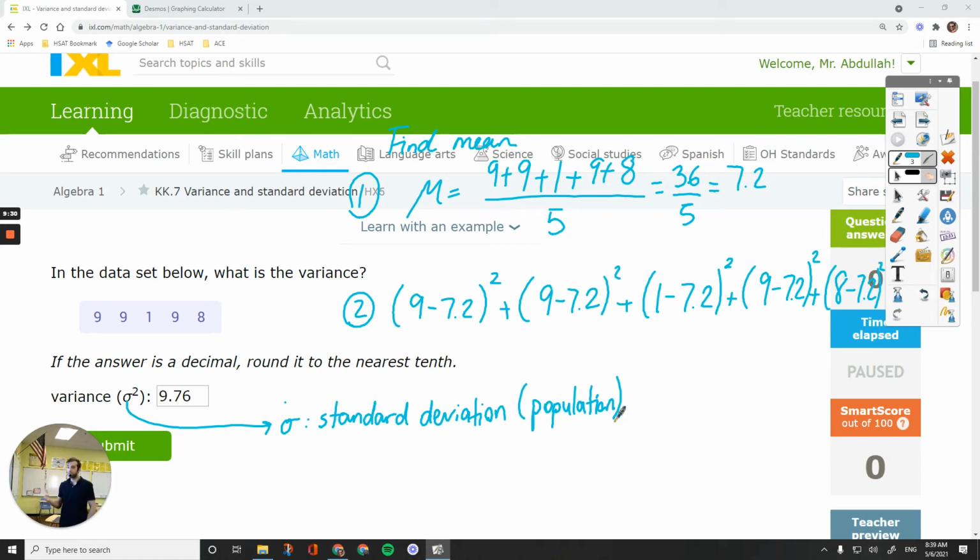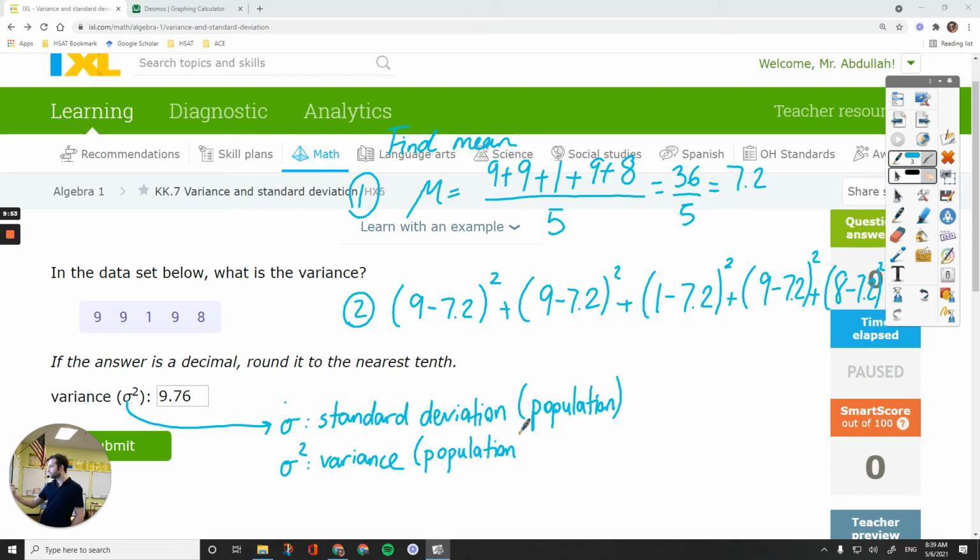Other than that, usually students don't even realize that there's a difference between them. So that's standard deviation. If you put a square over here, that's called the variance, which tells us how variable our data is. Variance of the population.